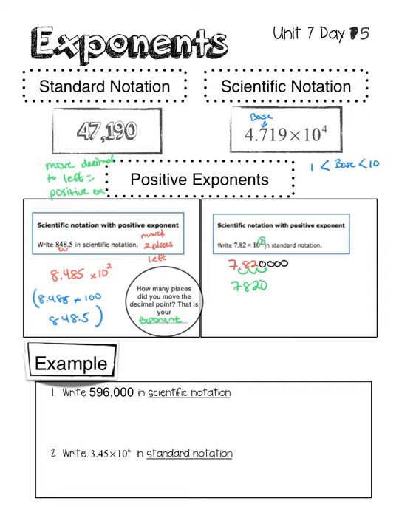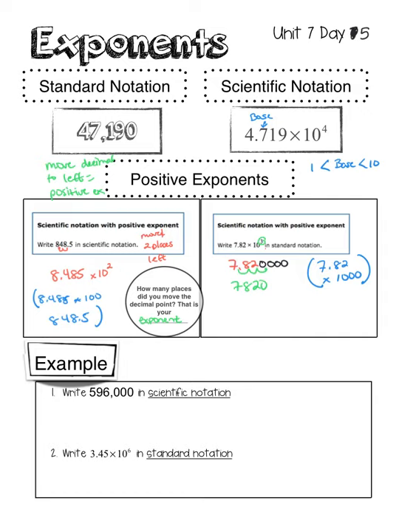It's just like saying 7.82 times 1,000, because 10 to the 3 equals 1,000. So what we did here is we took standard notation, we turned it into scientific, and then we took scientific notation and turned it into standard. We've gone both ways with this.